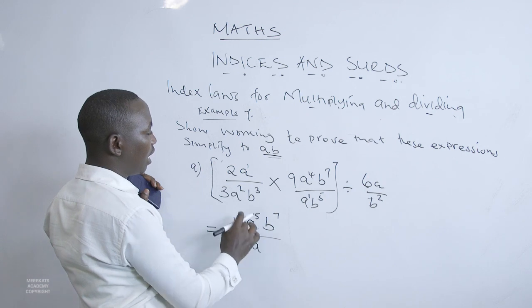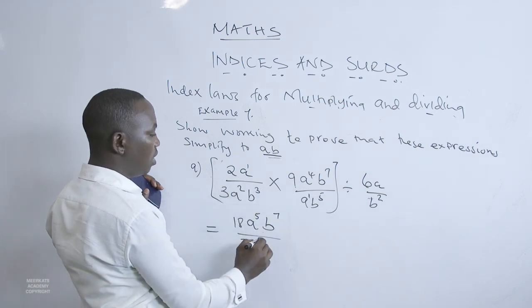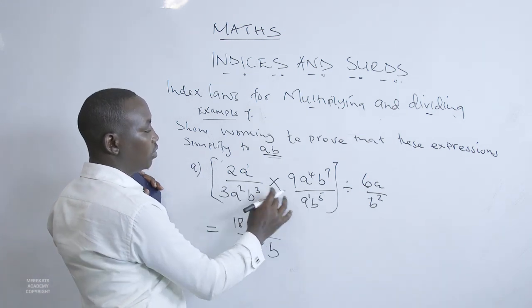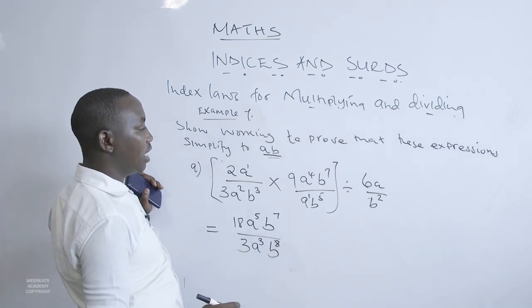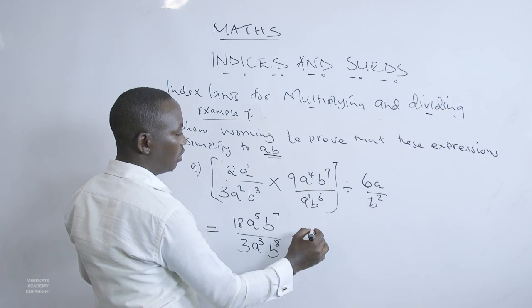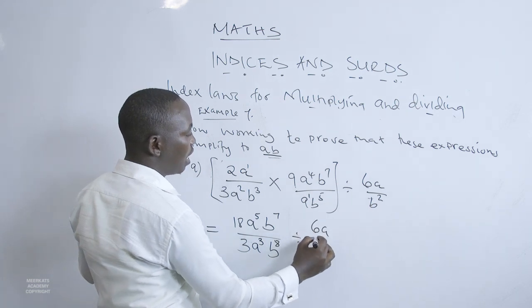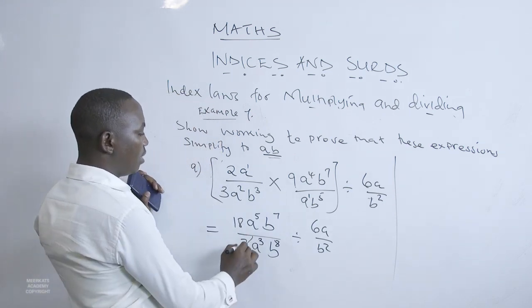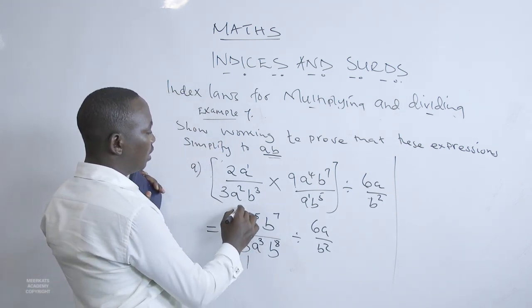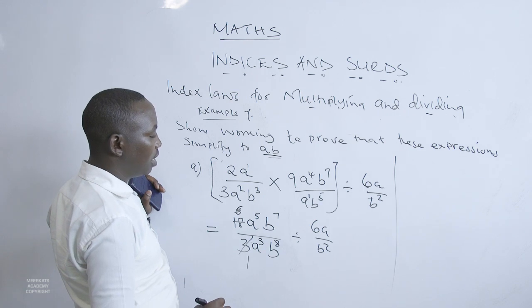This shall give us a raised to 2 plus 1, which will be 3. B raised to 3 multiplied by b raised to 5 shall give us b raised to 8. Then the whole of this is divided by 6a all over b squared. 3 goes into 18 6 times.